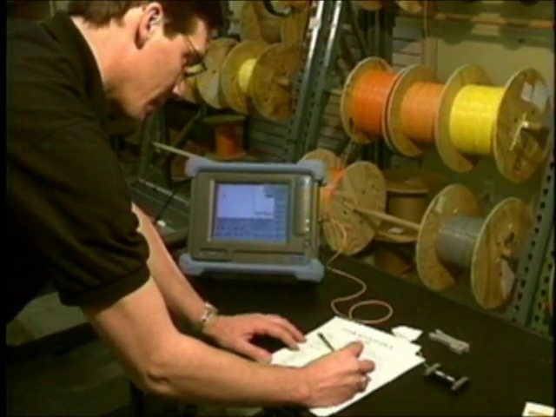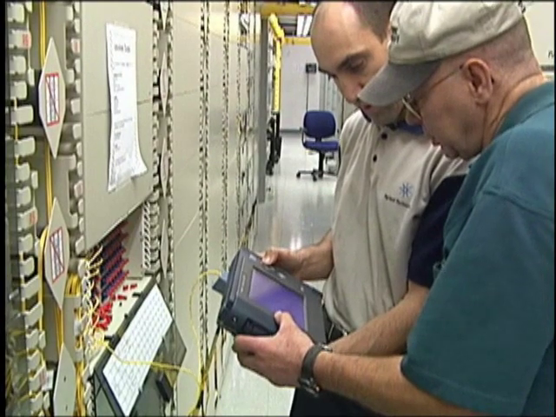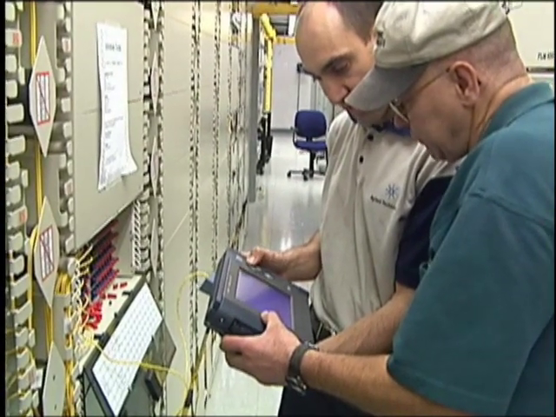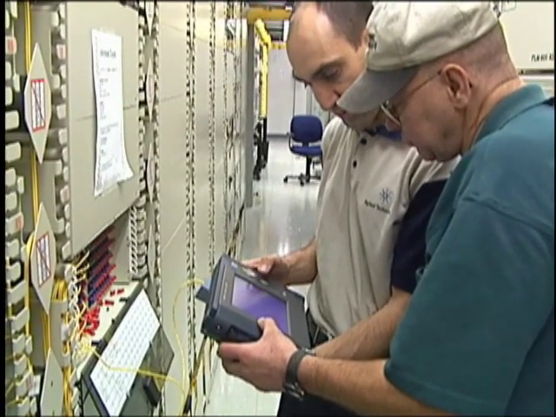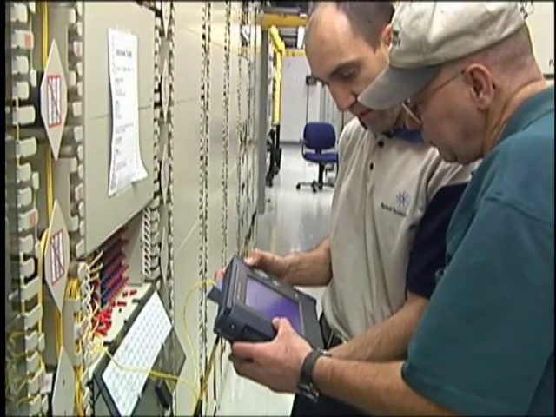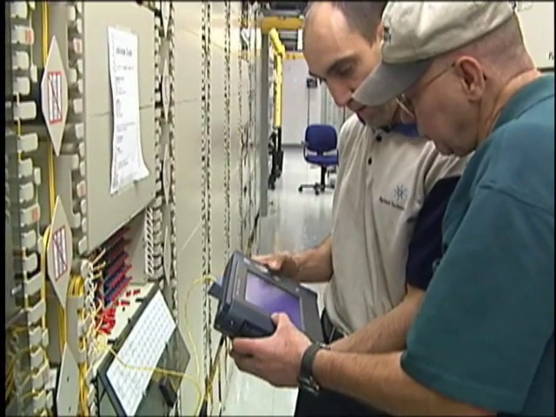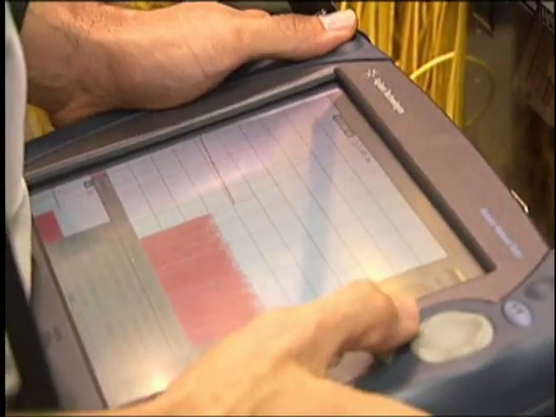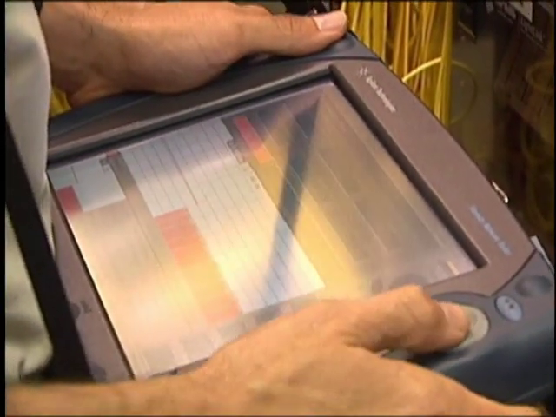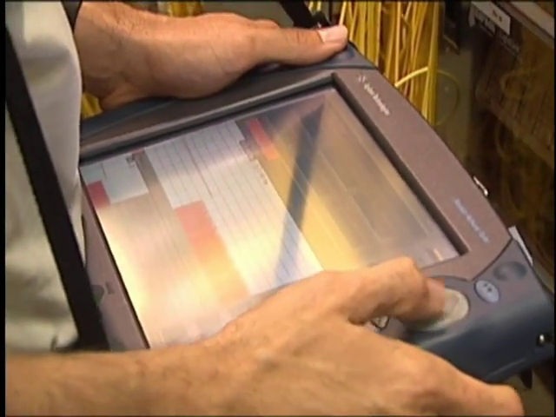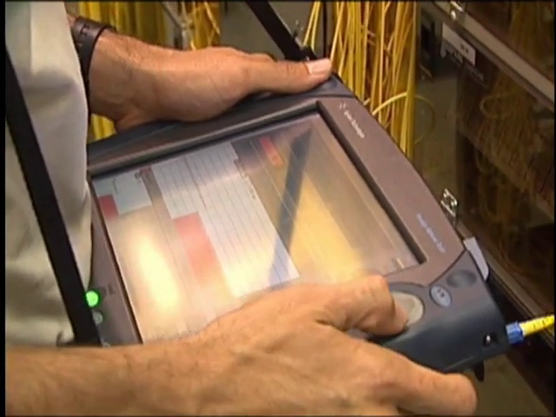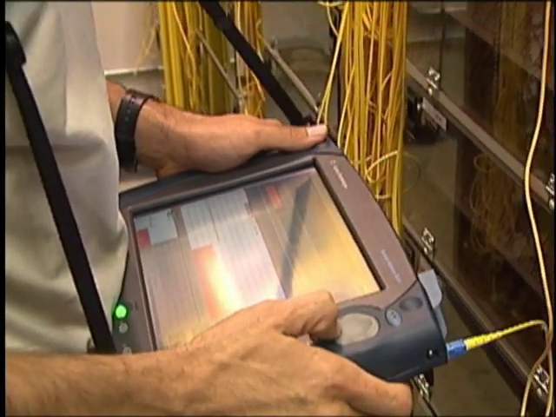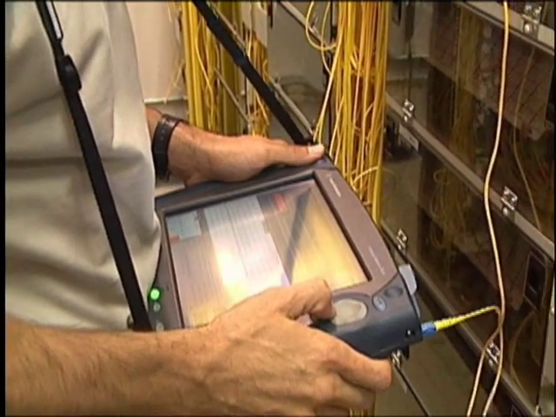The OTDR can determine the length of a fiber, distance to events, the fiber's end-to-end loss, as well as the amount of reflected light and loss from various discrete components within the fiber. Modern OTDRs can locate and evaluate the losses of fusion splices, optical splitters, and connectors, and can even report whether each location and loss is within certain specification tolerances.